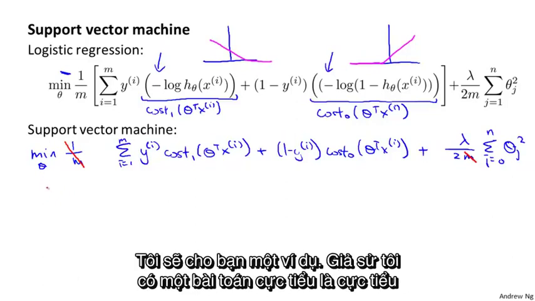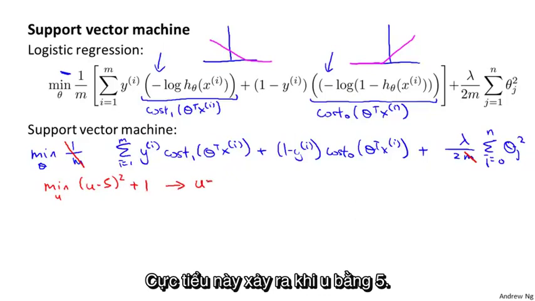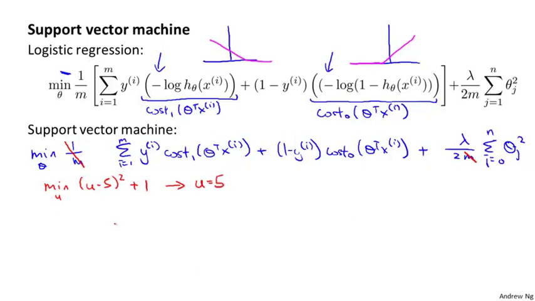Here's what I mean. To give you a concrete example, suppose I had a minimization problem: minimize over u of (u minus 5) squared plus 1. Well, the minimum of this happens to be u equals 5.